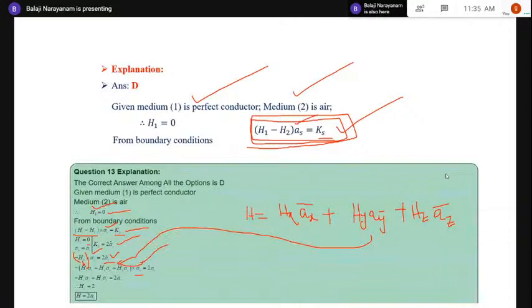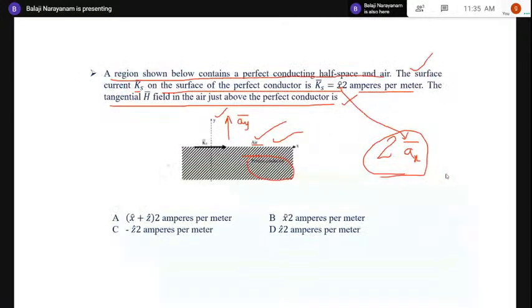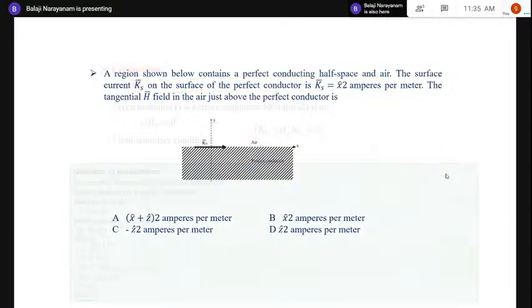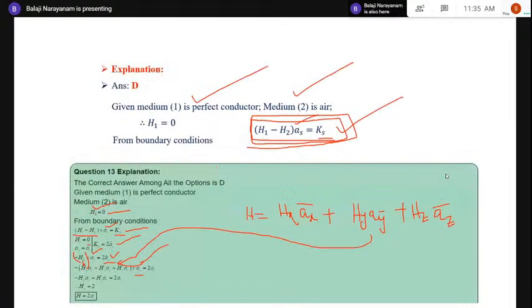Now the question is, why not Ax and Az? The answer is that the Ay bar vector is normal, or perpendicular, to the given surface. So you replace H with Hx Ax plus Hy Ay plus Hz Az cross producted with Ay bar, and that is equal to Ks, which is 2 Ax given in the problem itself.